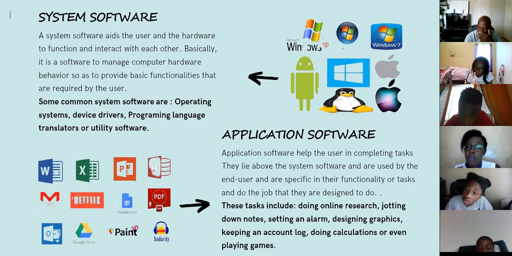And as I continue, you'll realize that application software is built on top of system software. So we have the hardware, then we go to system software, then we go to application software. Someone builds the hardware like an engineer, then someone else comes and creates system software on top of the hardware.